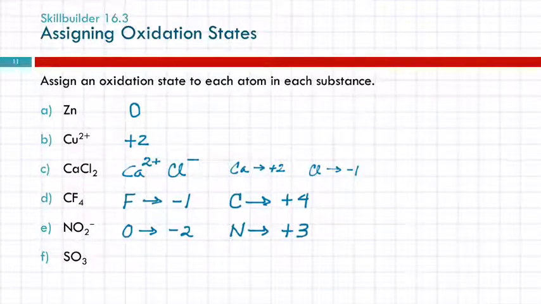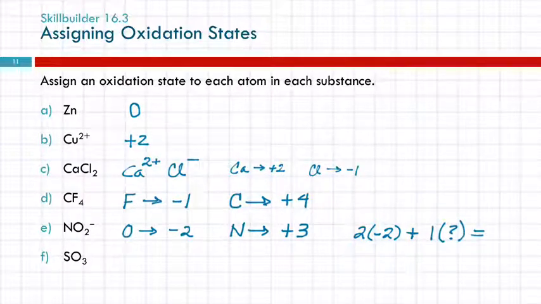So what we've got here is just like the ionic charge business, right? So we've got two oxygens. They each have a -2 oxidation state. And we've got one nitrogen. And we don't know what that one is. And they're adding up to -1. This -1 because of the charge on the ion.